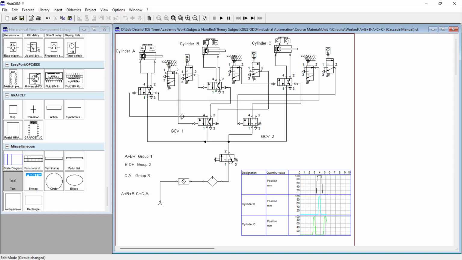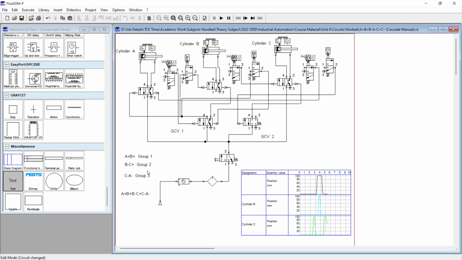Next, B plus, I give the connection to power line 1. So A plus and B plus receive the power signal from power line 1.